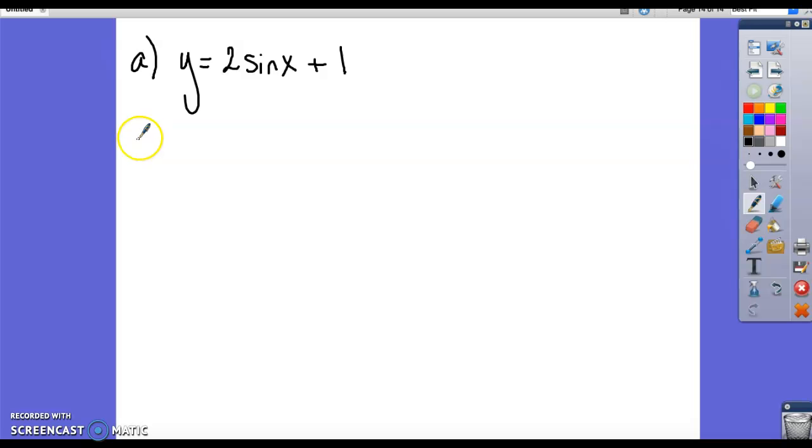So my amplitude is 2, right? We found that in the last example. My period is still 2 pi.